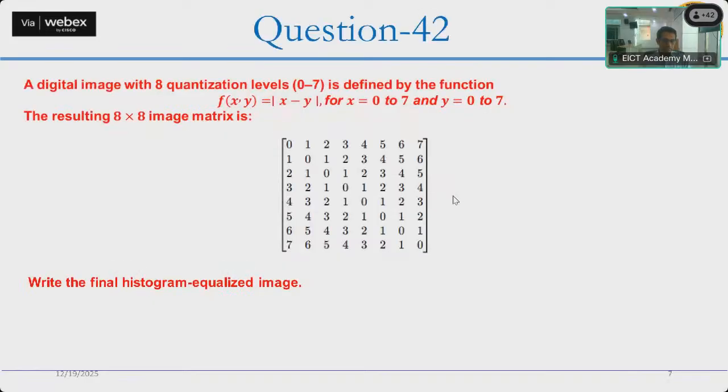Another problem: a digital image with 8 quantization levels, 0 to 7, is defined by the function f(x,y) equals x minus y for x equals 0 to 7 and y equals 0 to 7. The resulting image is this one. Write the final histogram equalized image. What has been asked here? 8 quantization levels is there, that is fine.